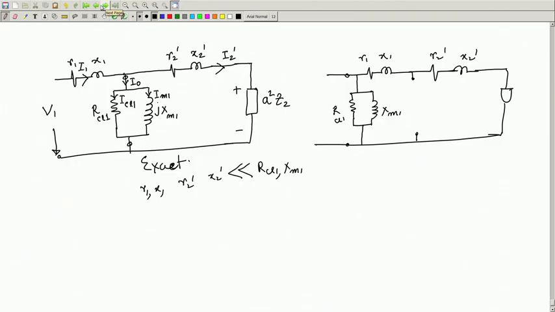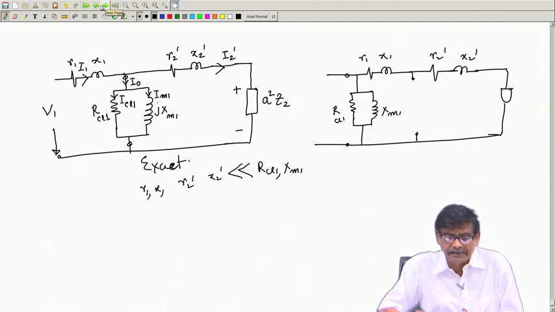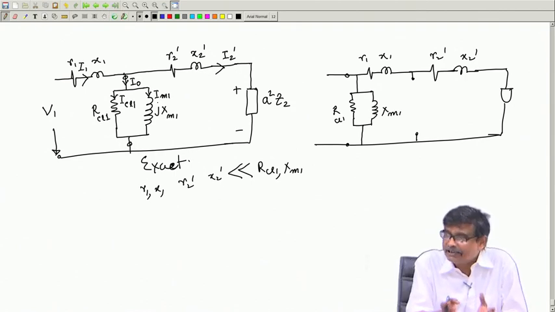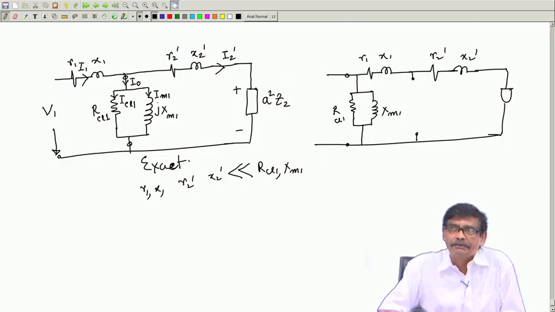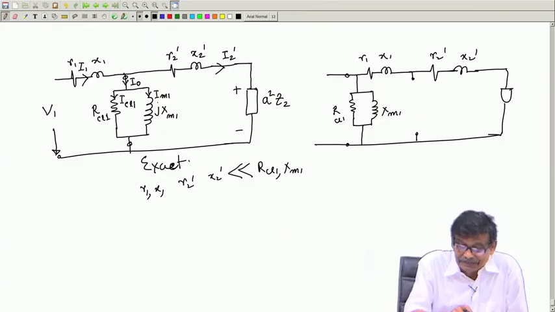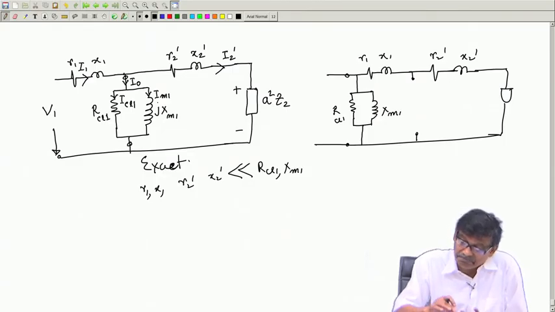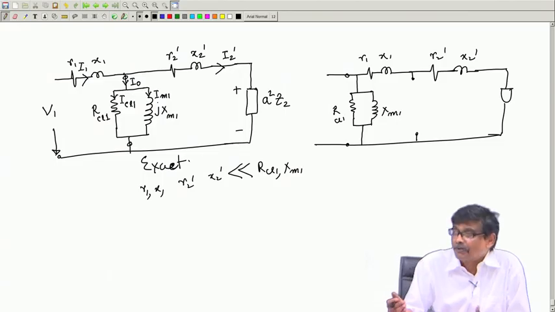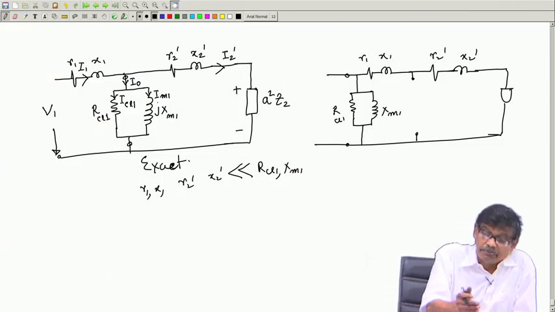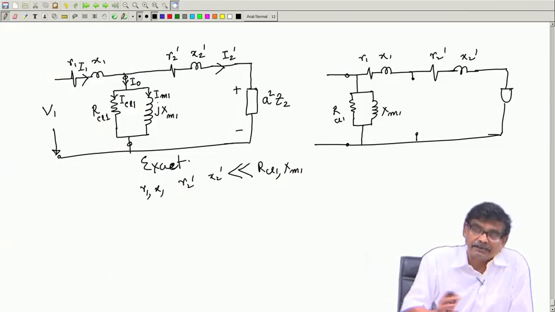And all said and done, nowadays powerful calculators are available, everything is there. So, one can live with the exact equivalent circuit as well, but nonetheless even with calculators you have to parallel these, complex numbers, lot of computational effort, then that should be added with R1 X1, get the values.